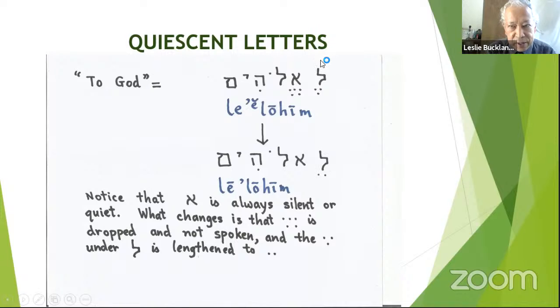I went straight from the simple schwa, which is a quick, short E sound, didn't go through this stage, only showed this stage on the next slide, didn't mention the segol, and went straight to the long E sound. But that's really what happened. Those are the changes that took place. Any other question? No, sir.